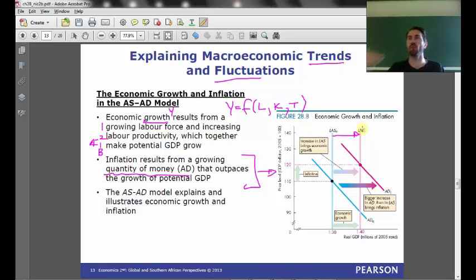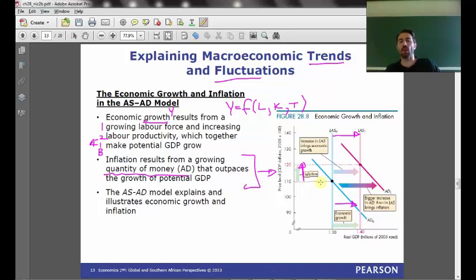Our demand for goods and services is growing at a faster rate than what we can actually produce. Long-run aggregate supply, that's our actual output. When we start wanting more than we can actually produce, our aggregate demand is growing faster than our aggregate supply. What happens to the price level? It increases. I mean, our equilibrium output also increases, but our price level increases along with it. Okay?